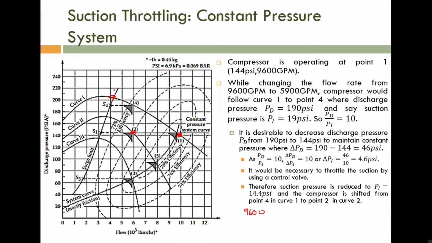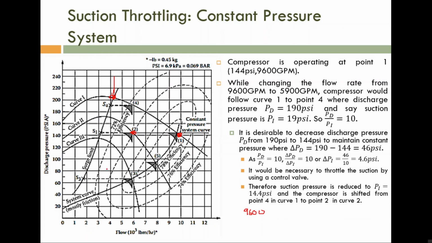So what is the flow rate corresponding to this point? This point is known as the surge point. What is the surge point? The surge point is the point from which the compressor becomes stable. Up to that point, the compressor is unstable, flow reversal and vibration will occur. So this one is a surge point, and the flow rate corresponding to the surge point is known as the surge flow.